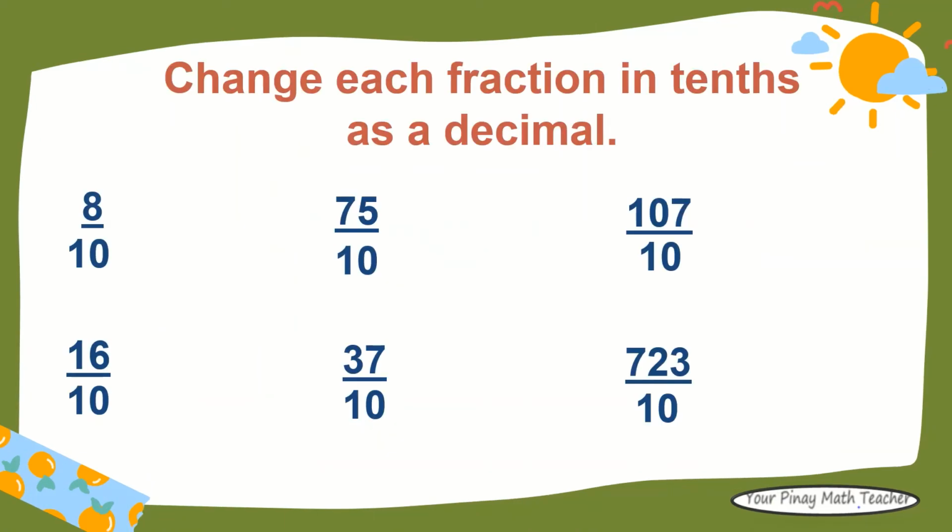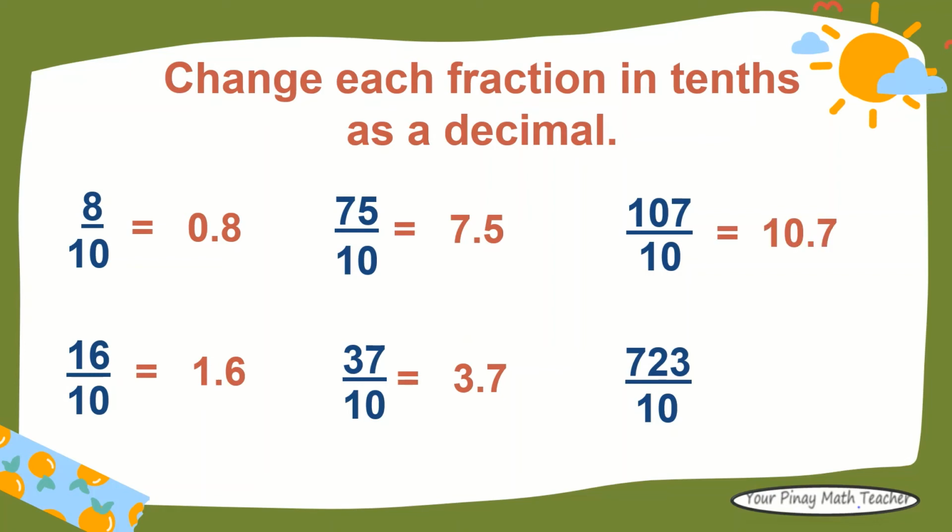Let's have more exercises in changing fractions in tenths to decimals. 8 tenths, 0.8. 16 tenths, 1.6. 75 tenths, 7.5. 37 tenths, 3.7. 107 tenths, 10.7. 723 tenths, 72.3.